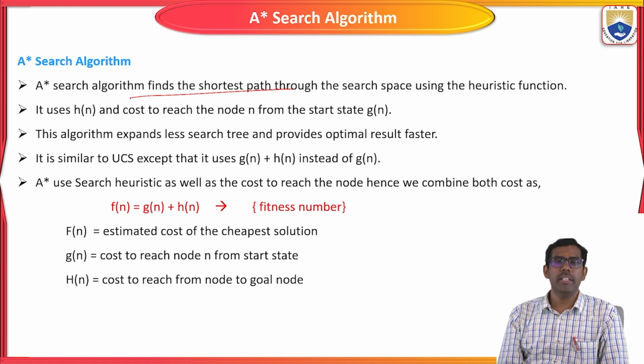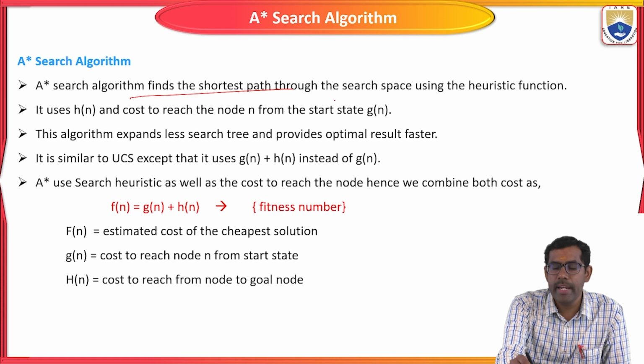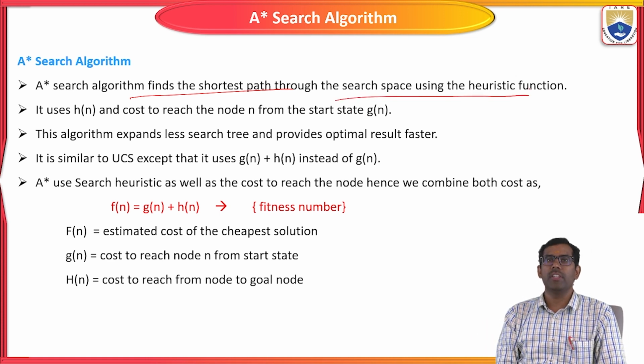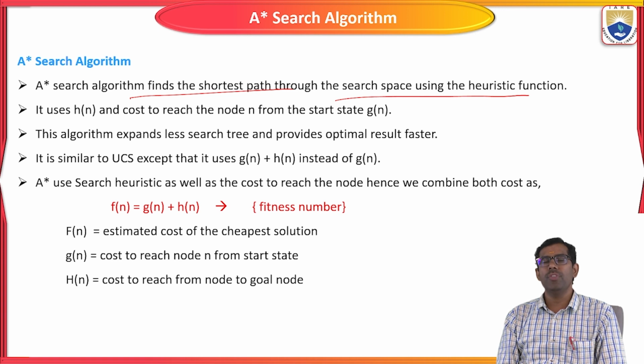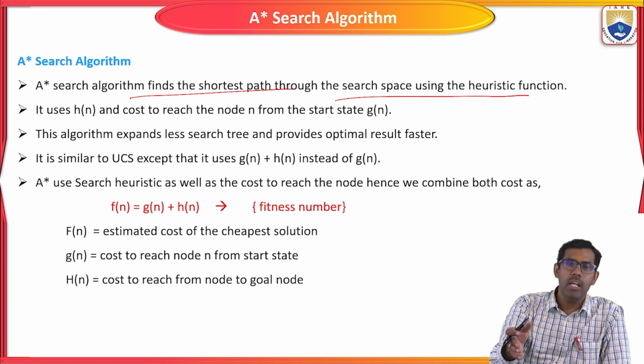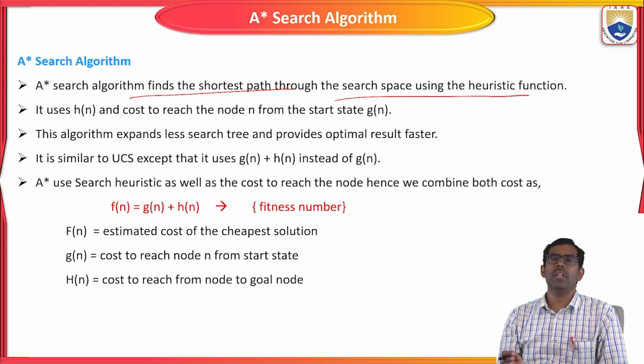The A-star algorithm finds the shortest path through the state space using the heuristic function. In BFS also we used a heuristic function. Here in A-star search also we use the same heuristic function to find the shortest path and the distance of each and every node.